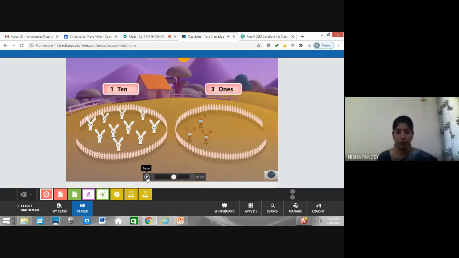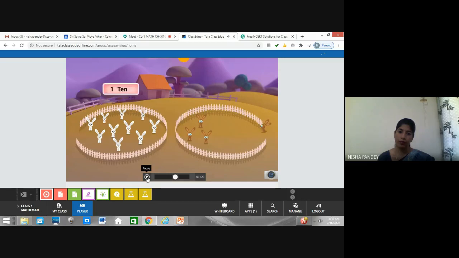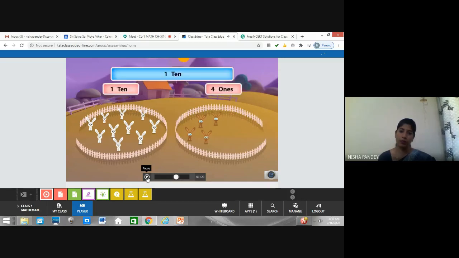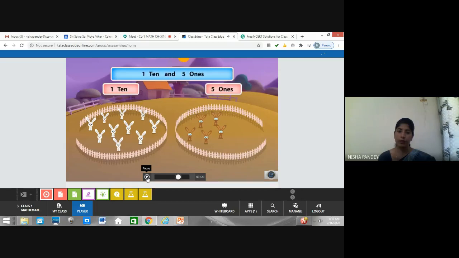The total number of rabbits is 110 and 3 ones. That makes it 30. With one more rabbit, the total number of rabbits becomes 110 and 4 ones. This number is 40. of rabbits is 110 and 5 ones. This is 15.